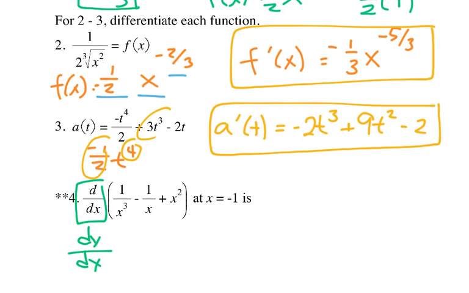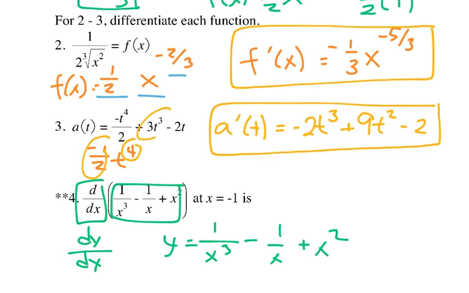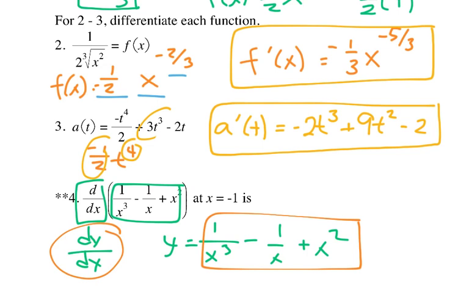And one way you can think about that is this is likely a function and could have been written as y equals 1 over x cubed minus 1 over x plus x squared. So this whole thing is y. So instead of writing it dy dx, what they've done is they've taken the y, which is this whole function, and they've put it right here.